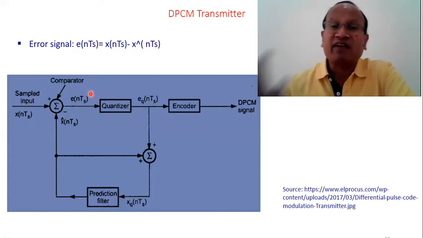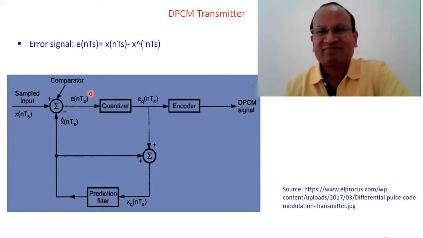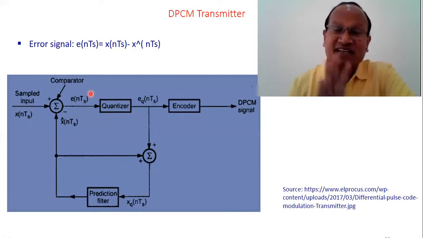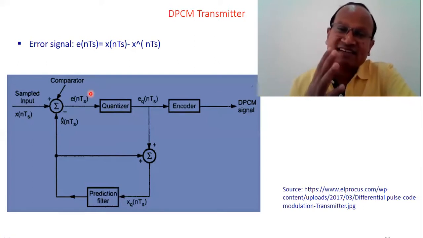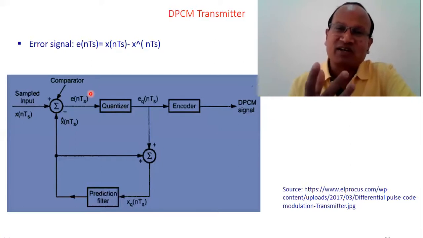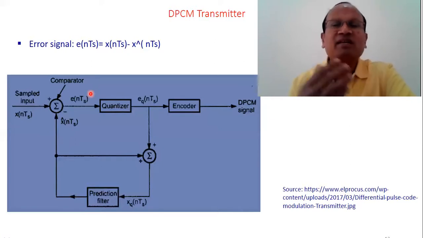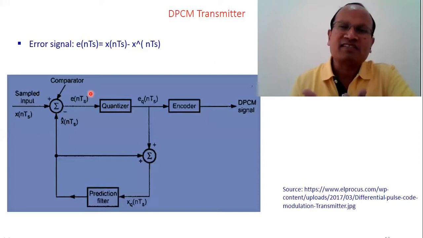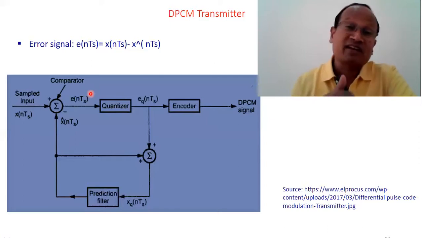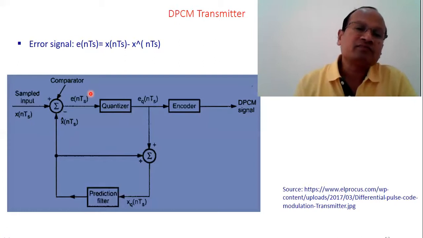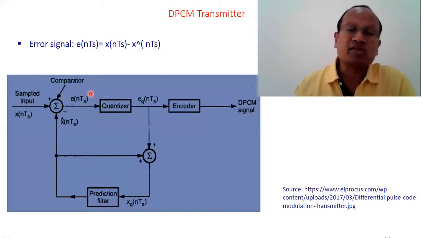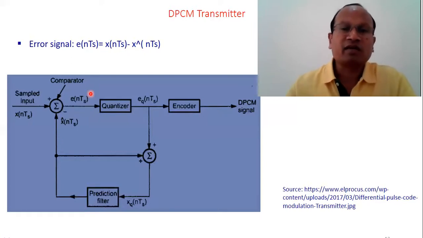Then the difference is quantized. We are not saying quantization doesn't work, quantization will work. But if there is no difference, no quantization is needed, and therefore we reduce the number of bits required to encode and quantize. If there is no change, the recently communicated stream of bits will get communicated.